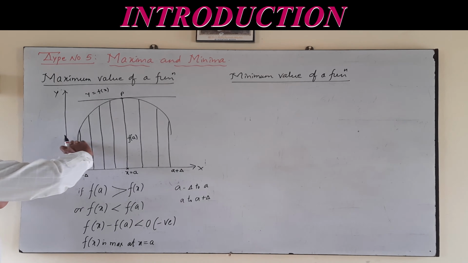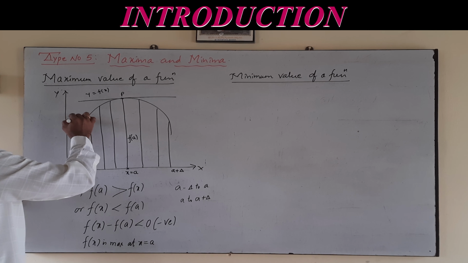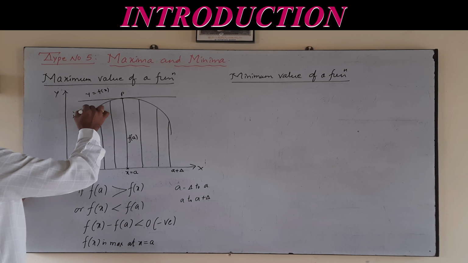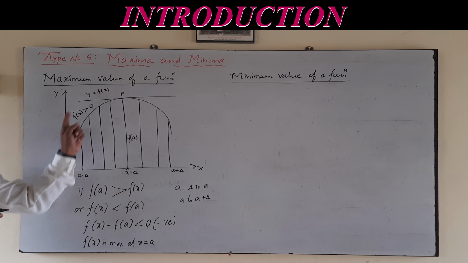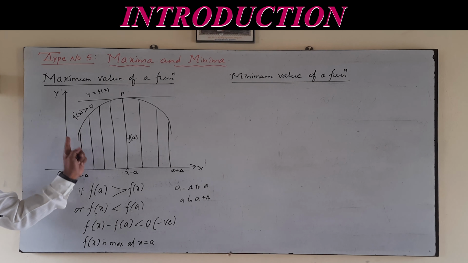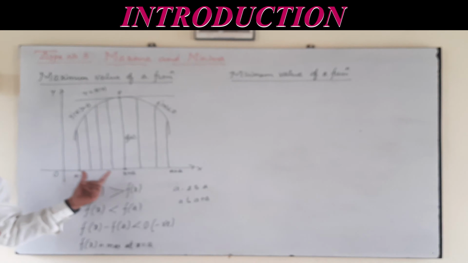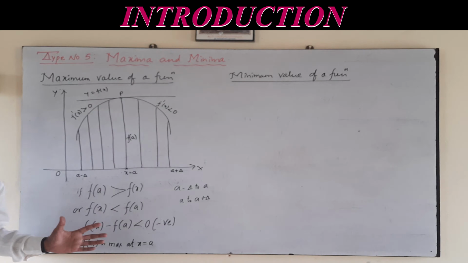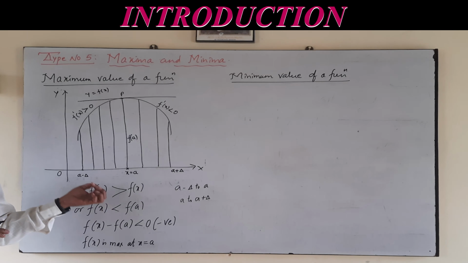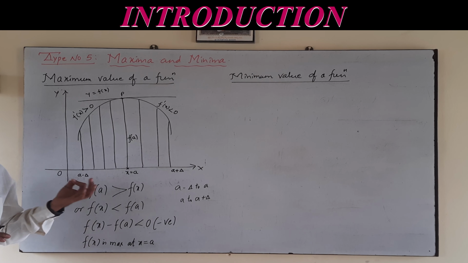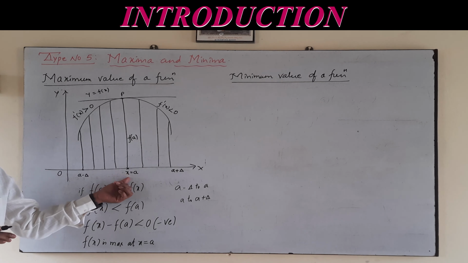You know that if it is an increasing and decreasing function, when it increases, f dash x is more than 0 from a minus delta to a, and when it decreases, f dash x is less than 0 from a to a plus delta. This is the definition of the maximum value of a function. It is maximum only at one point. Which point? In general x equal to a.